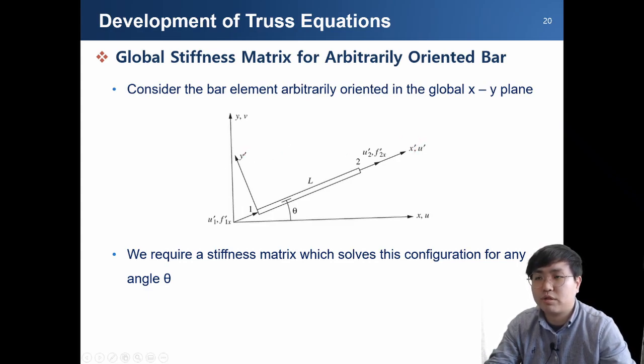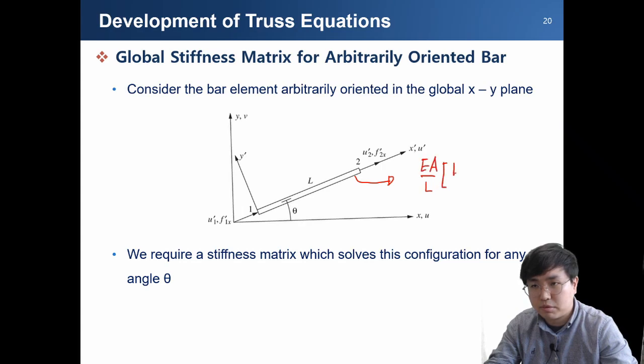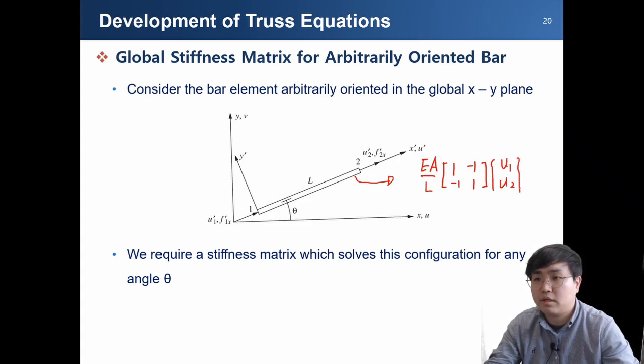So we should handle the matrix formation. Let's check the local truss stiffness matrix. This is the local stiffness matrix of the one-dimensional truss element, and here is a nodal point.